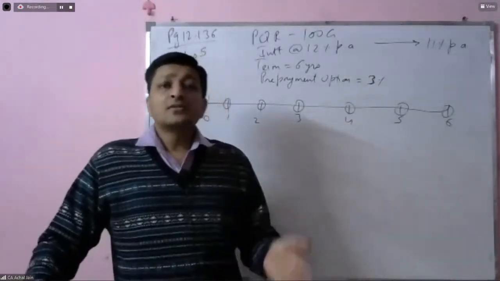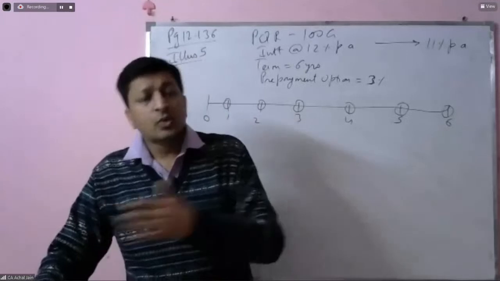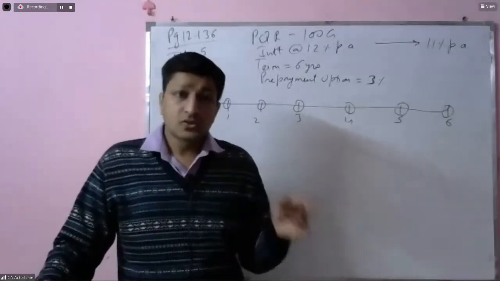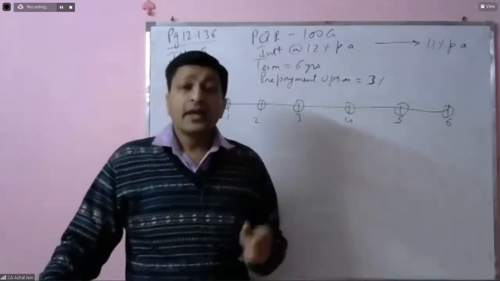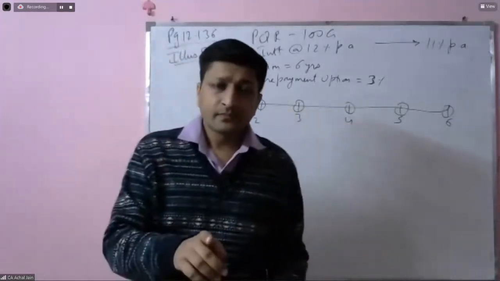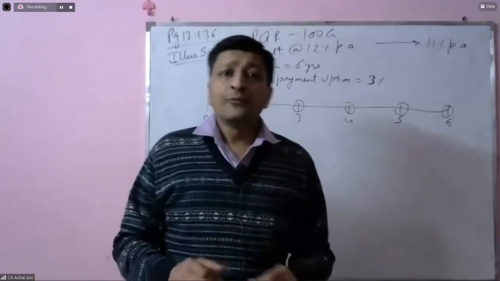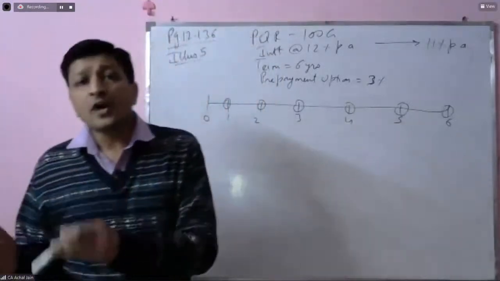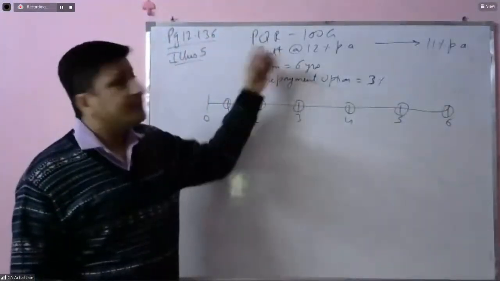Now a question may arise: what if PQR has not availed the option throughout this period of 6 years? As we discussed yesterday, it's not necessary that the option will be exercised. Having an option will include a cost for the party which is getting the option.